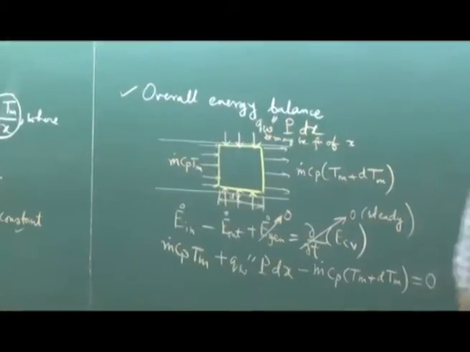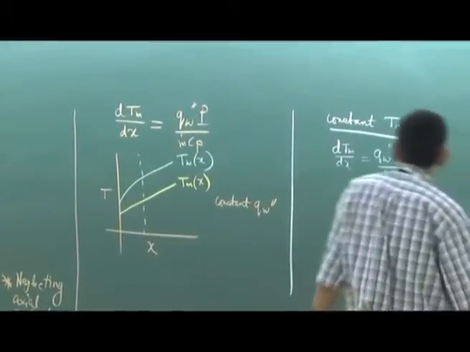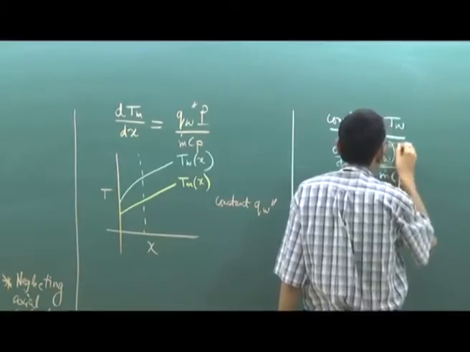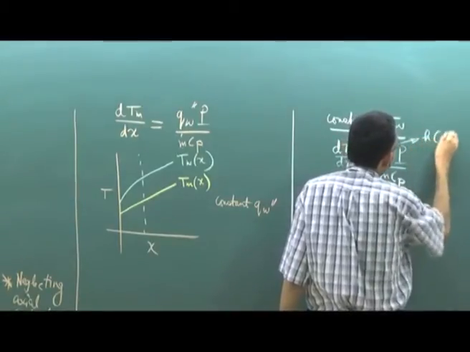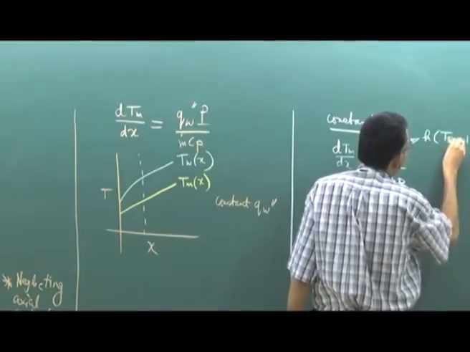So in place of q double prime, we will take h into T wall minus Tm.